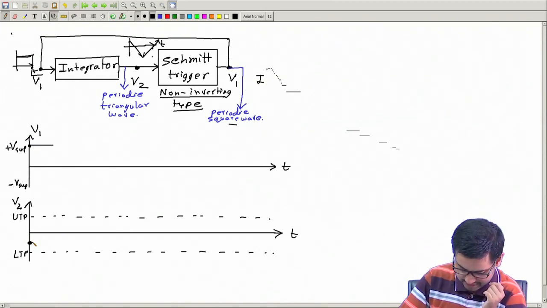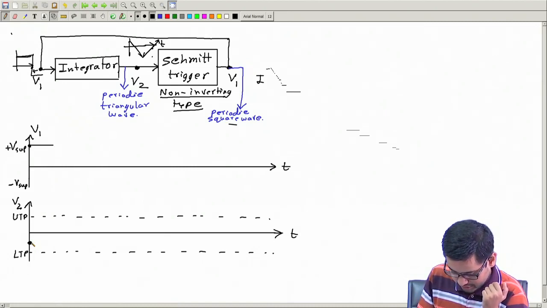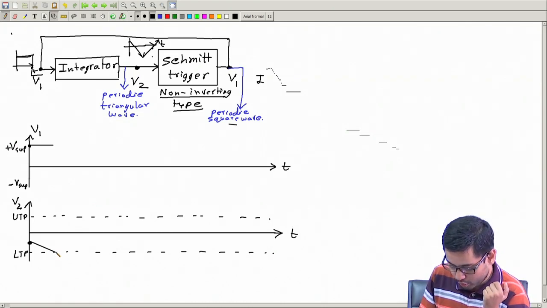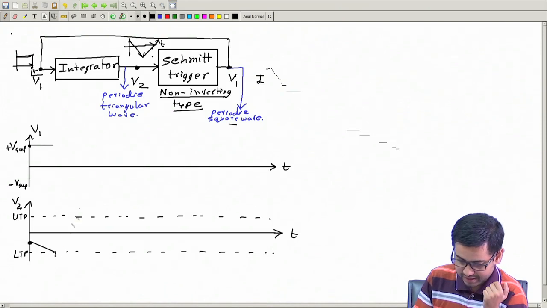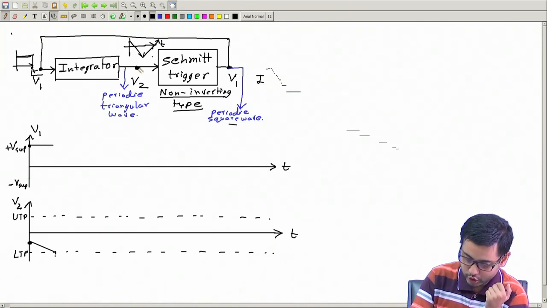Now see what happens. This is positive, so V2 will decrease, and the moment it touches the lower trigger point and goes below it, the output will become negative.